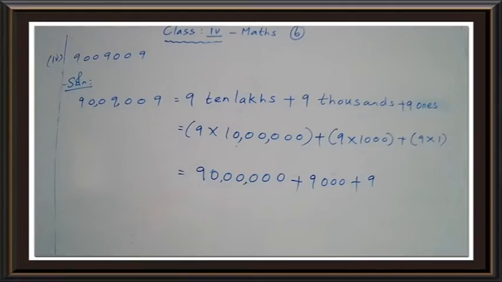Already the third expanded form question is finished. Now you come to the fourth one. Okay, write it fast. Fourth one, write fast. So 9 ten lakhs plus 9,000 plus 9 ones. So your answer is 90 lakh 9,009.